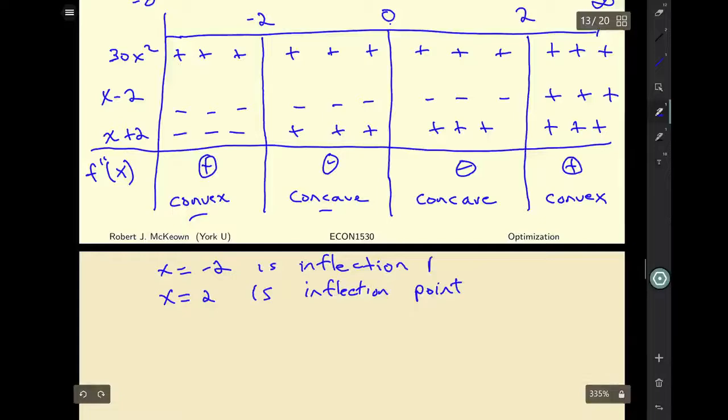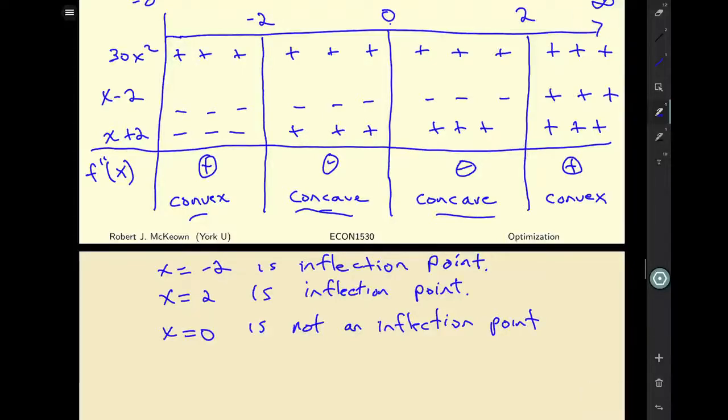I forgot my point in the first one. I'll write that in. What about x equals 0? Well, it's going from concave to concave, so it's not an inflection point.